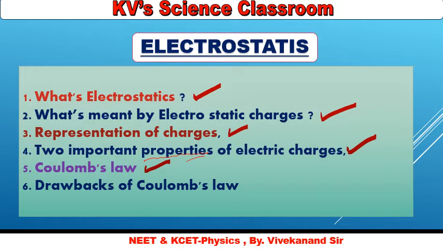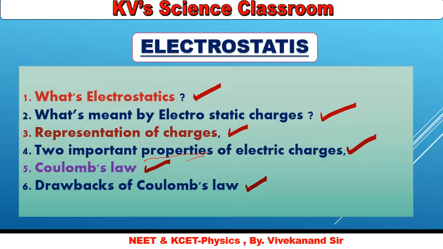The law is a fundamental law, but it has some drawbacks also. Now all these 6 points we can discuss one by one. First is what is electrostatics. Second is what is meant by electrostatic charges.